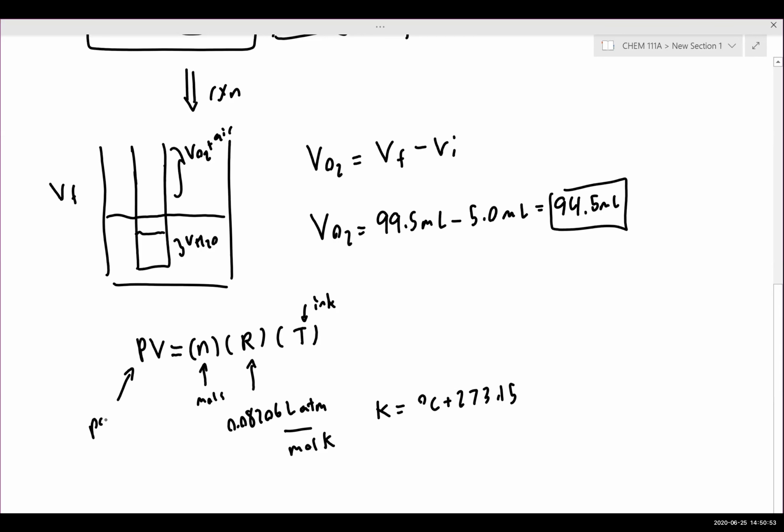P is the pressure, and we need the pressure in atmospheres, and V is the volume in liters.